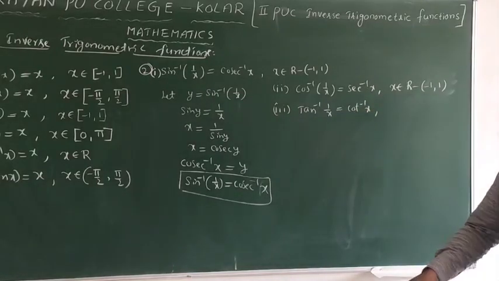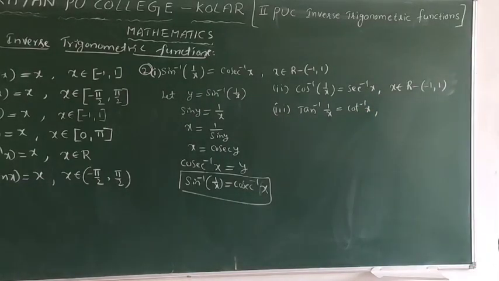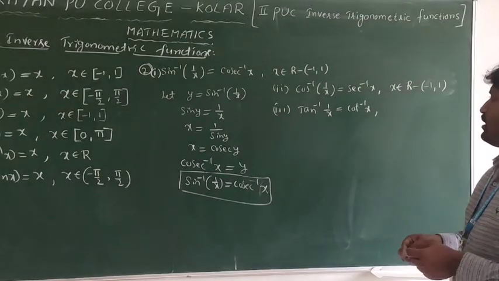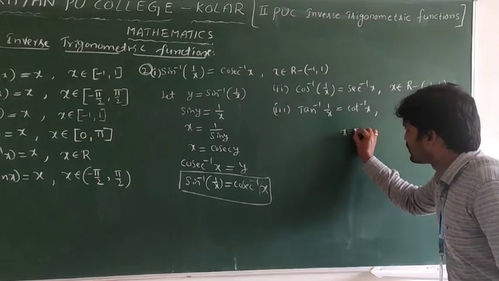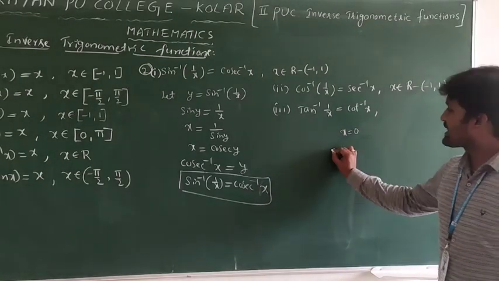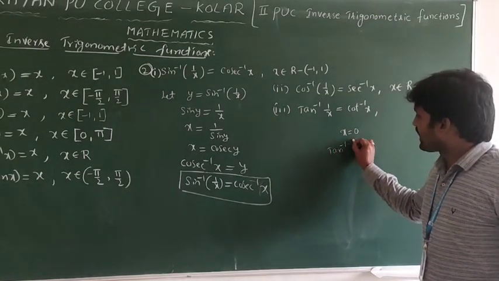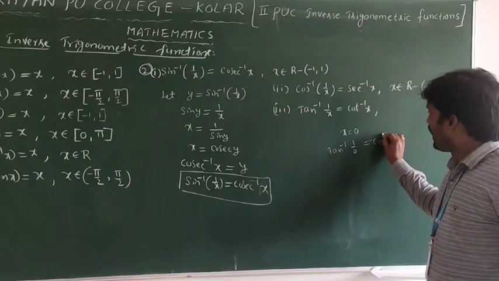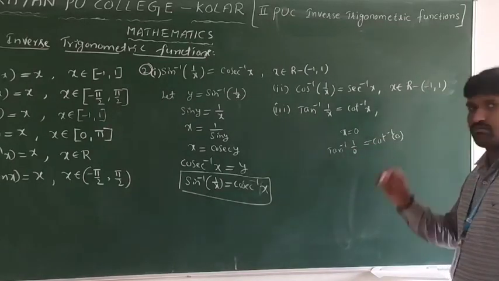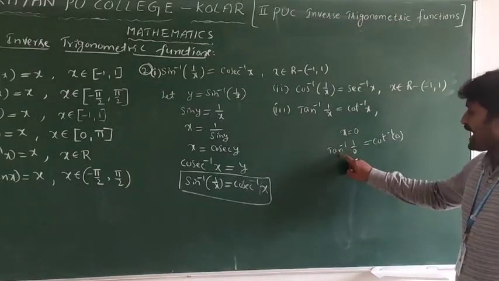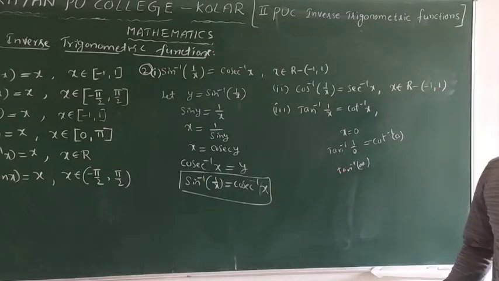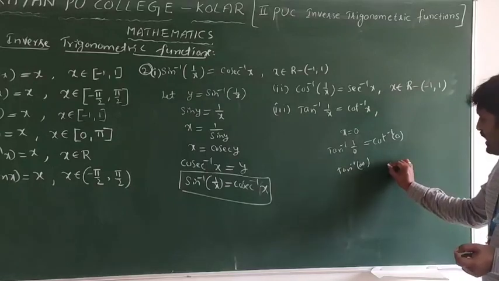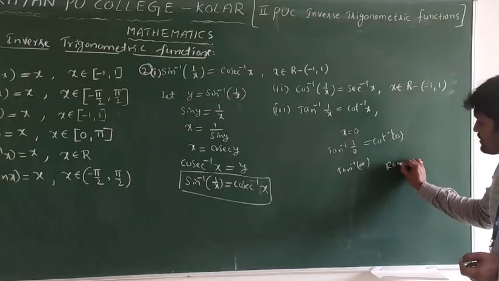But here, don't take the domain of cot inverse x directly. The reason is the x value you are taking. For example, if you take x as 0, you have tan inverse of 1 by 0 and cot inverse of 0. Now tan inverse of 1 by 0 means you have to get infinity. But as for the range of tan inverse, what is the range of tan inverse?